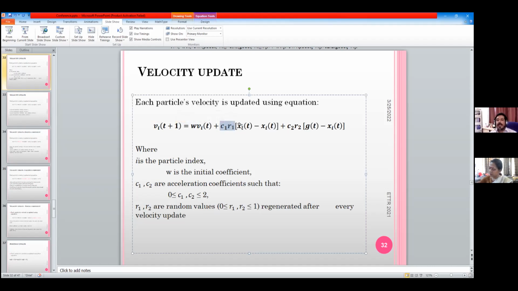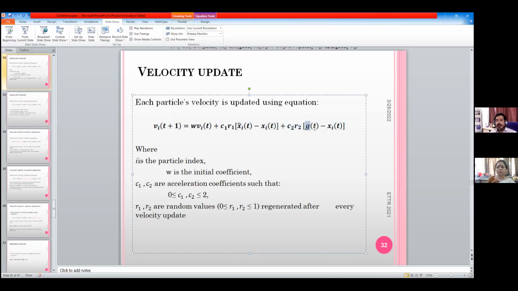x_i cap^t is the ith bird's best position till now, that is the local best, minus x_i^t, its position in the tth iteration, plus c2 r2. C2 is an acceleration coefficient between 0 and 2. R2 is a random number between 0 and 1.